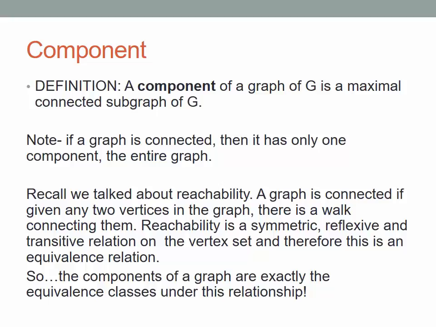So, for example, if I can go from U to V, then I can clearly go from V to U. This is in a graph, not a digraph. So it's symmetric. If I can go from U to V and V to W, then I can go from U to W. So there's the transitive. So reachability is an equivalence relation.